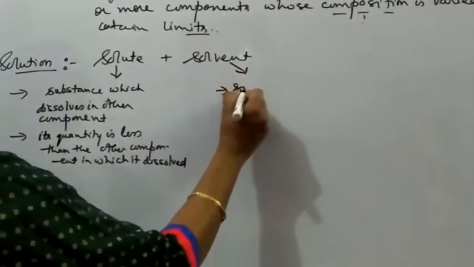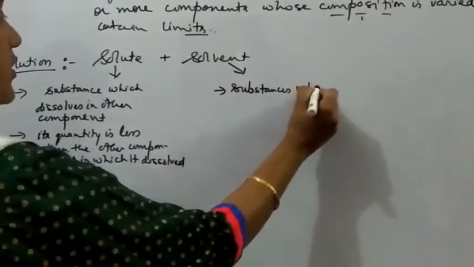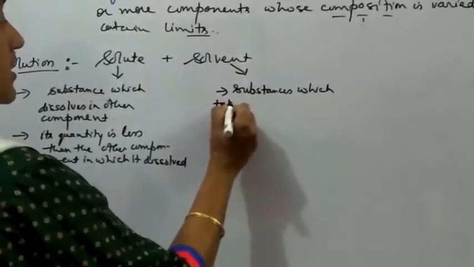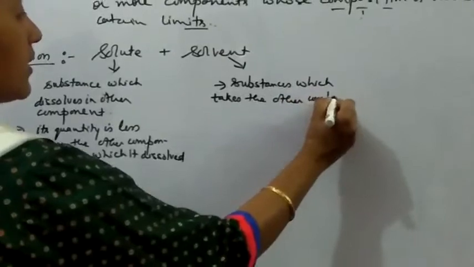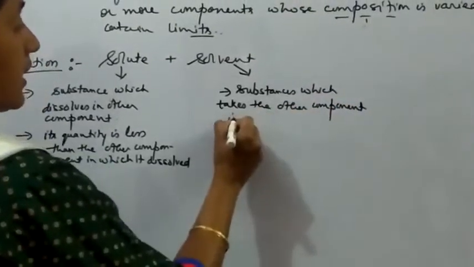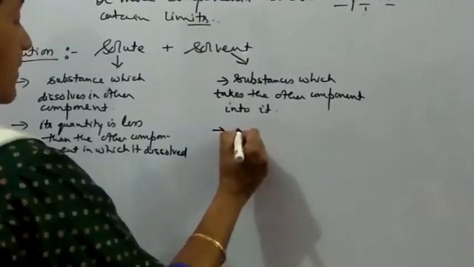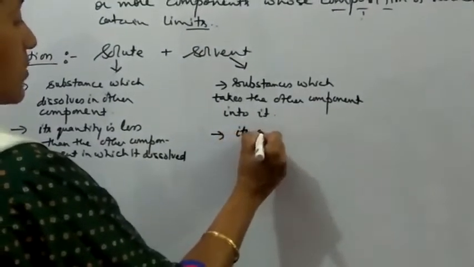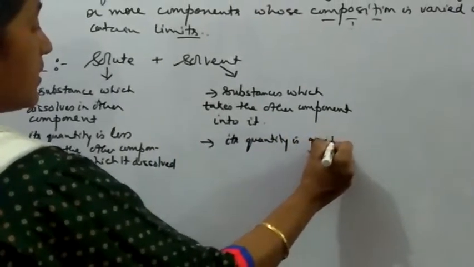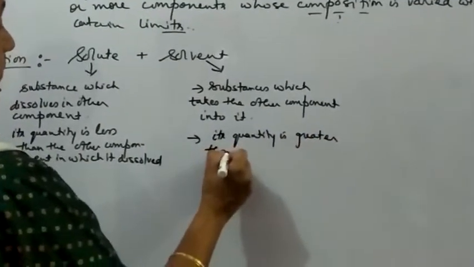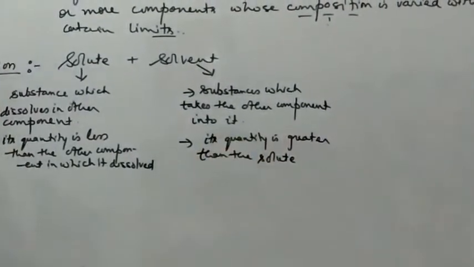Now what is a solvent then? A solvent is a substance which takes the other component or other substance into it, and its quantity is always greater than the solute, the substance which is going to dissolve in it.